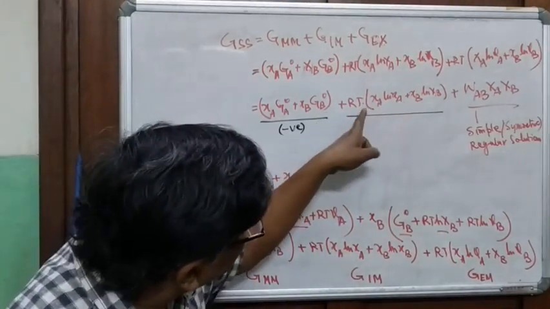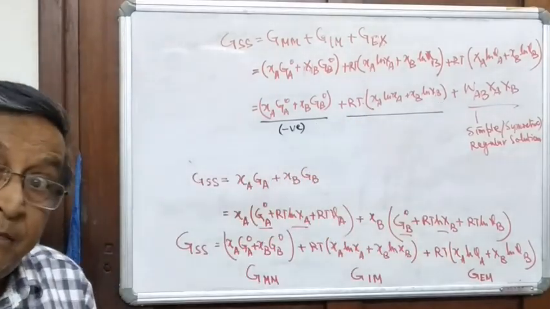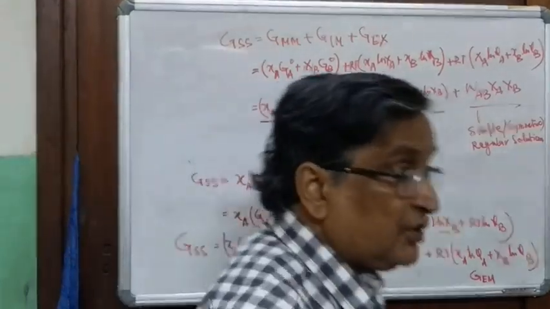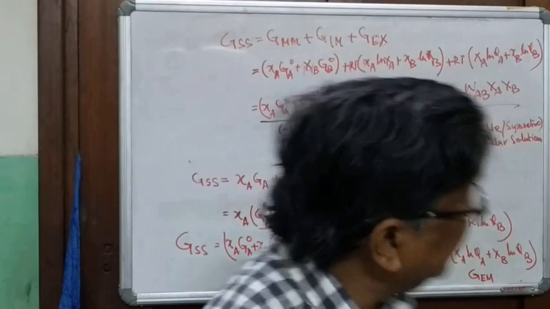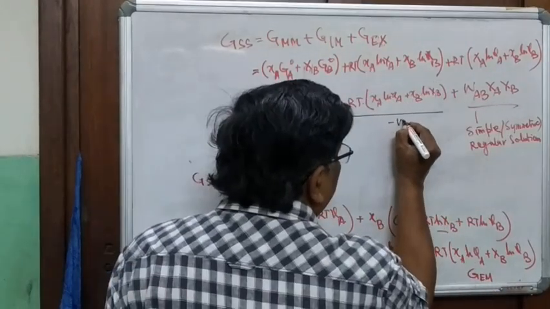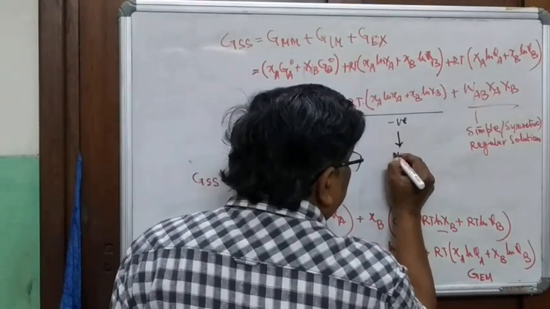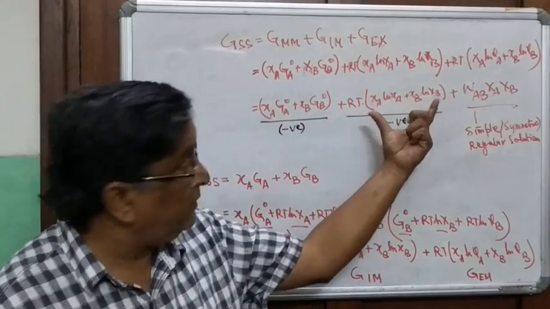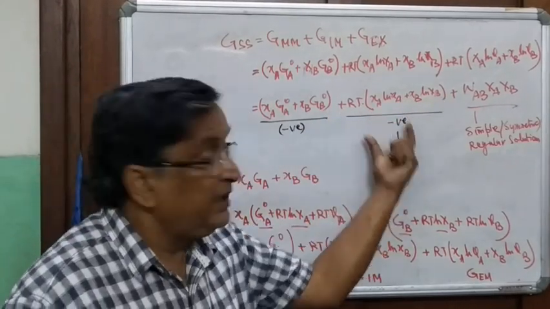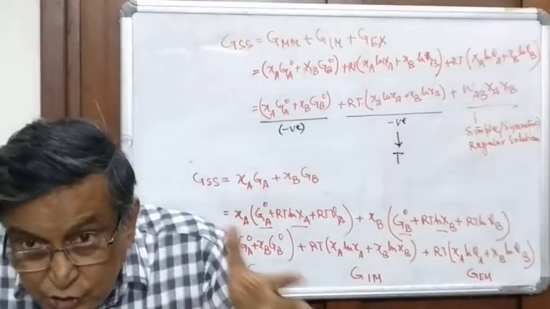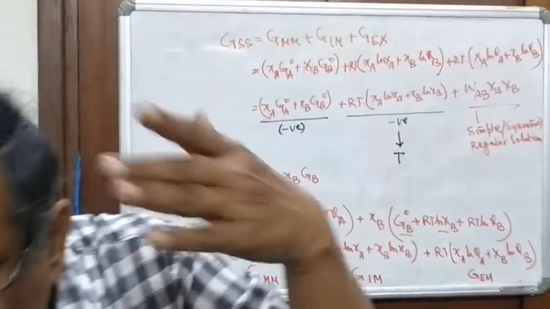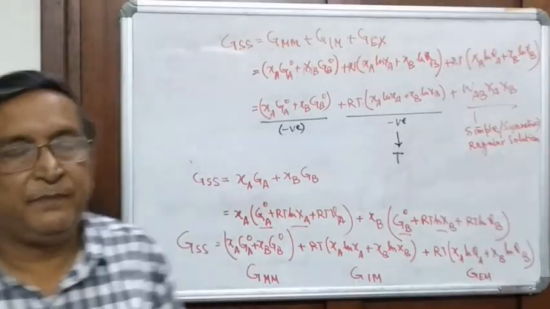This is also a negative term. But it is multiplied by temperature. So it's a negative term but increases with T. Overall, this is a negative term, but the negative magnitude increases with temperature.